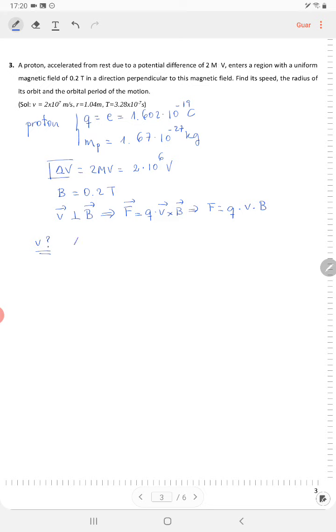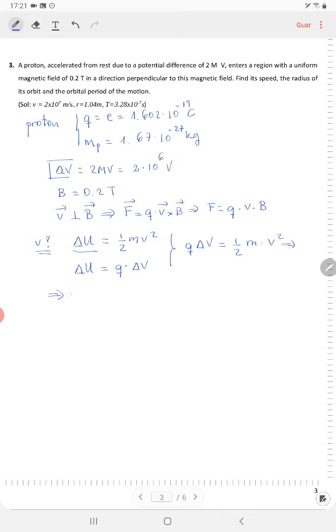So the change of potential energy is going to convert into the kinetic energy, and this potential energy is going to be the charge of the particle times the potential difference. So from here you see that Q times the potential difference is going to be equal to 1/2 times the mass times the square of the speed.